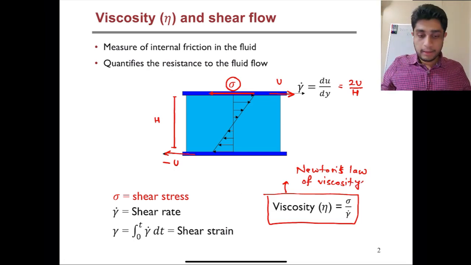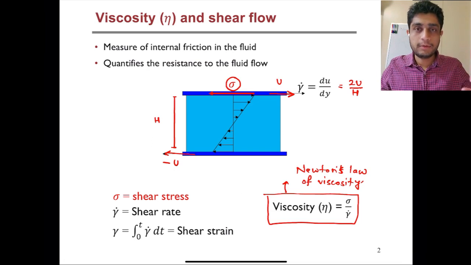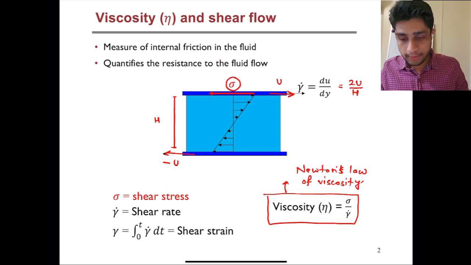So in a viscometer, we just measure the shear stress acting on the plate, and since we are moving the plate with a known velocity or a known shear rate, we can calculate the viscosity.